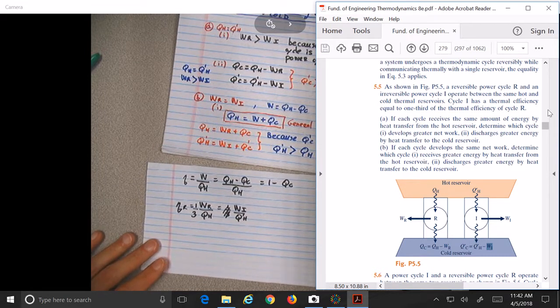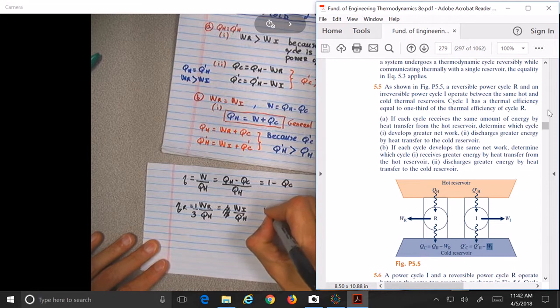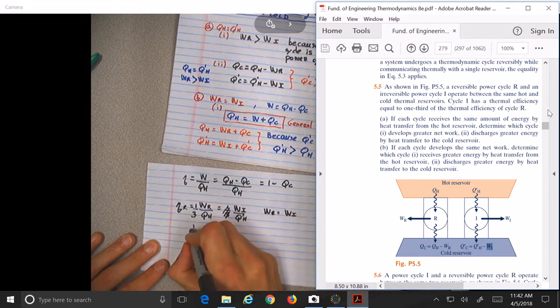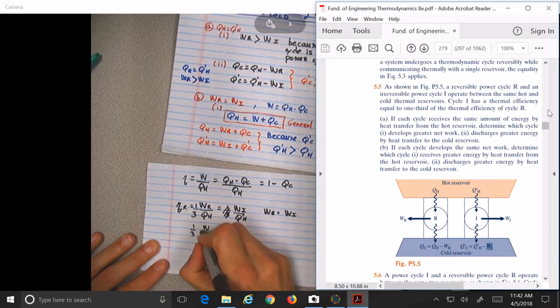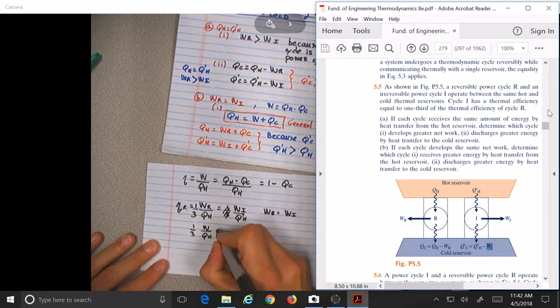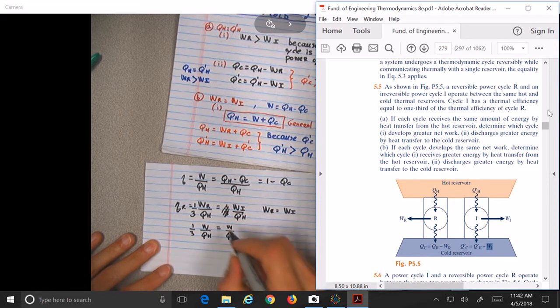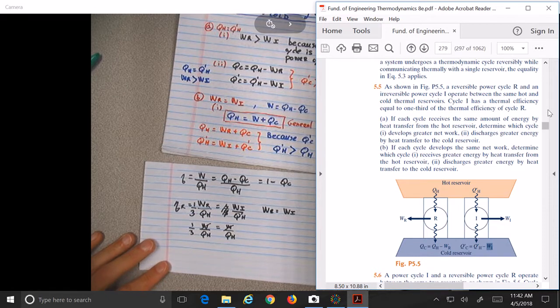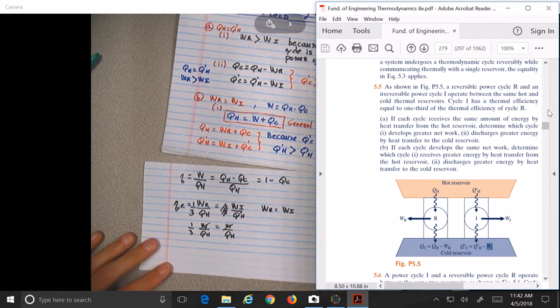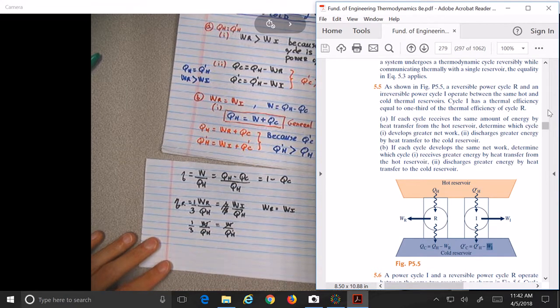So what can we conclude from this? We know that WR is equal to the irreversible work, so that will give us 1/3 of W over QH equal to W over Q prime H. So from here we get what?